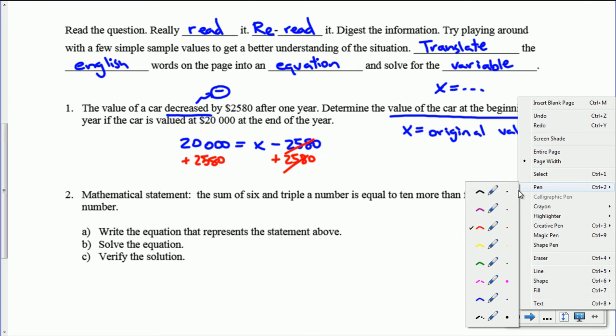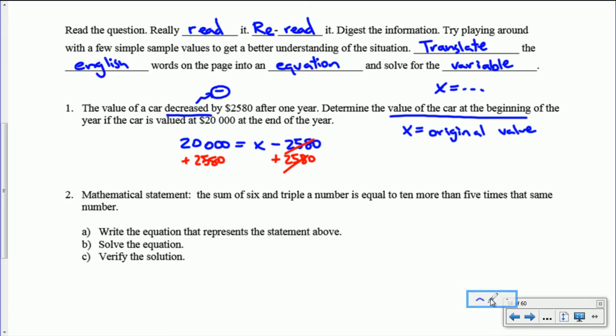We just have x remaining on the left side, and the right side, 20,000 add 2,580. We get x is 22,580. So that's the original value of the car. And that's what we were looking for. Determine the value of the car at the beginning of the year. And so there we go.